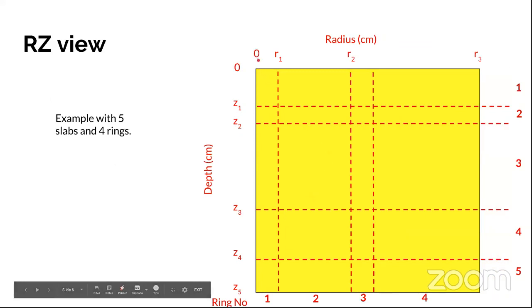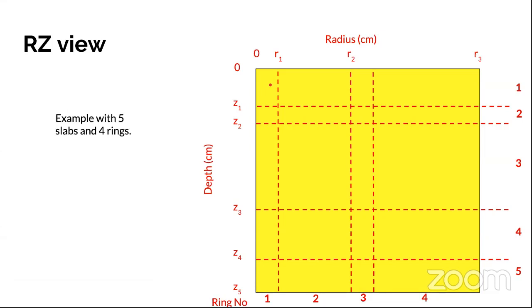Now if we have defined the 4 rings, we entered R1, R2, R3, and R4. This should be R3, and there should be R4. And we defined our layers. Then the geometry should be divided into regions.